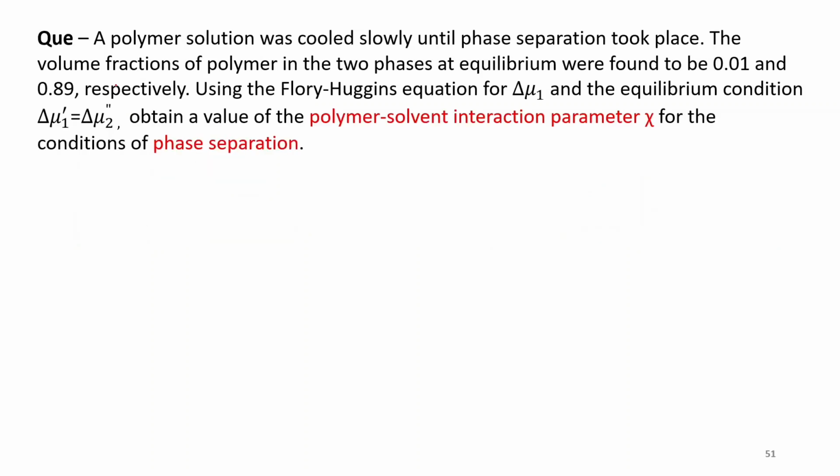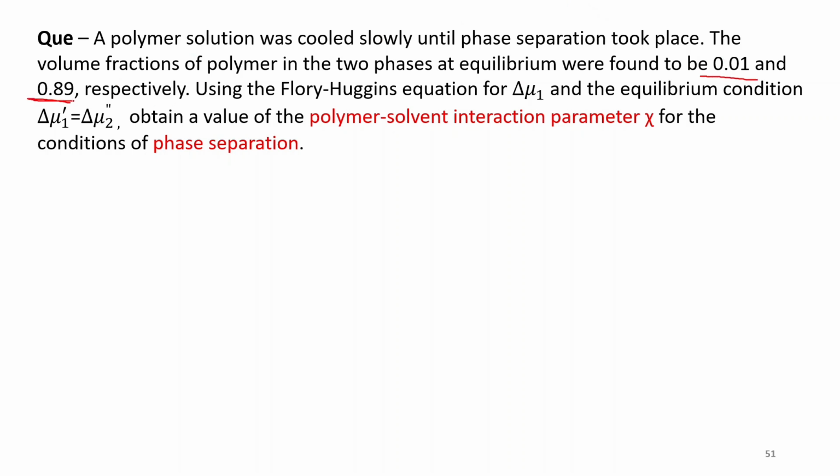So let's move on to the next question, which is: a polymer solution was cooled slowly until phase separation took place. So a polymeric solution is being cooled so that we get two phases. The volume fractions of polymer in the two phases at equilibrium were found to be 0.01 and 0.89.